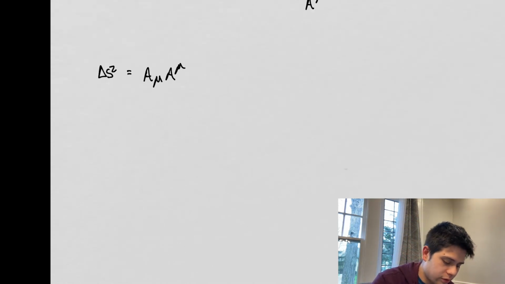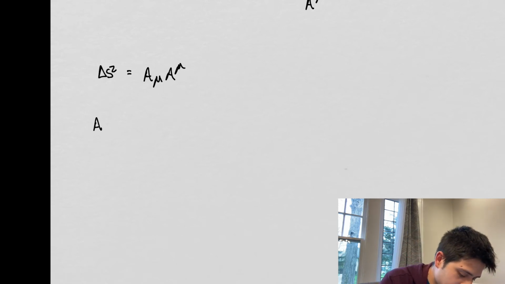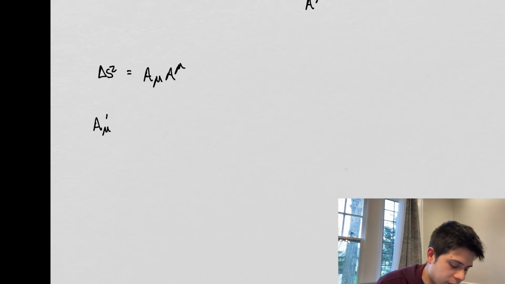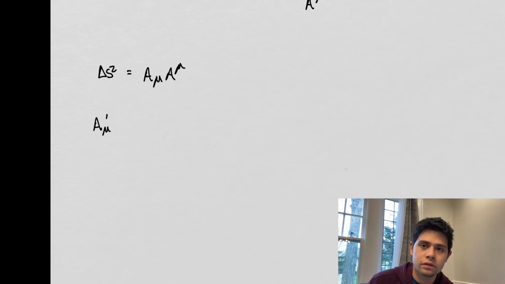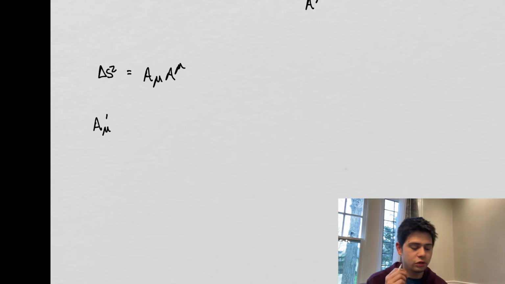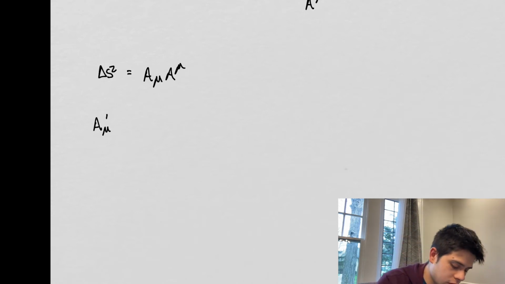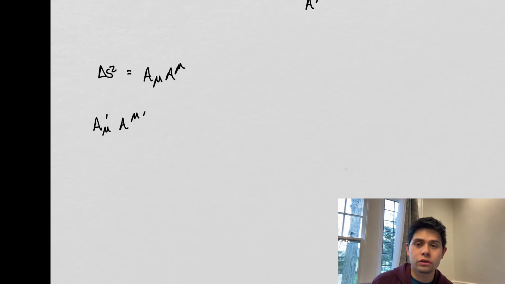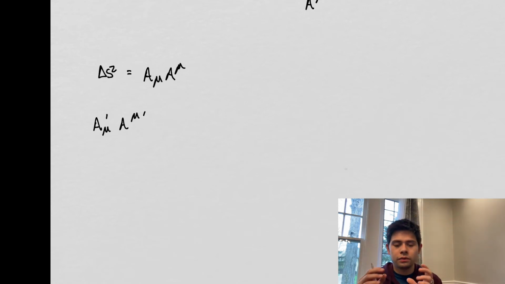Well, if we want to preserve, so a mu prime is a newly transformed vector, right? So we are taking a newly transformed vector and performing an inner product with itself, and we're noting that that should stay as an invariant quantity.